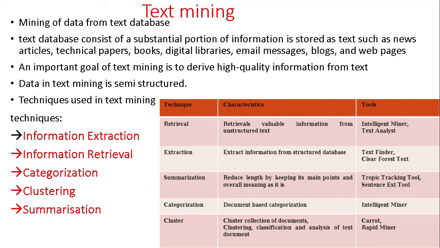Summarization reduces the length by keeping the main points and overall meaning as it is. The meaning and main points will not change, just a summary of the text information will be provided. The main tools used for summarization are topic tracking tools and sentence extraction tools.